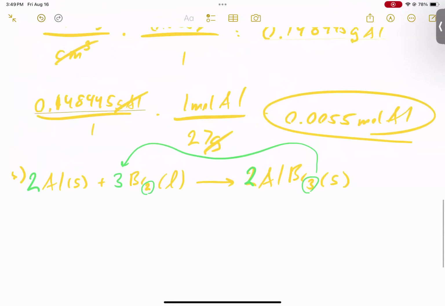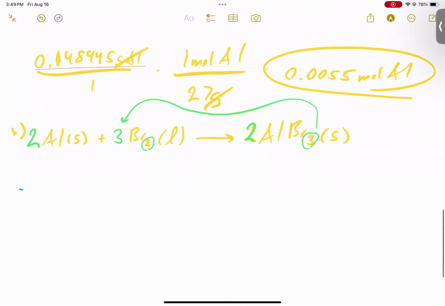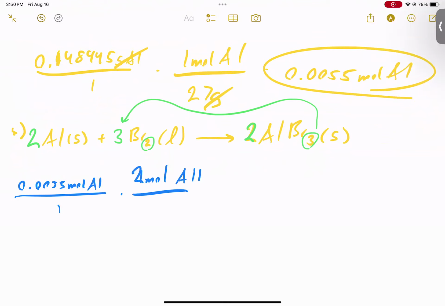So taking my answer from part A, where I have 0.0055 moles of aluminum, that's going to react with 2 moles of AlBr3 and 2 moles of Al.